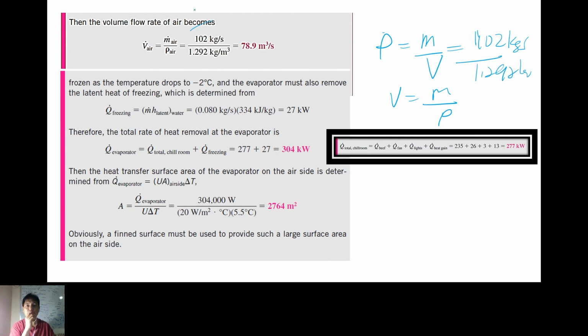So magkakaroon ka ng volume na 78.9, and the rest ay mga calculations na lang.